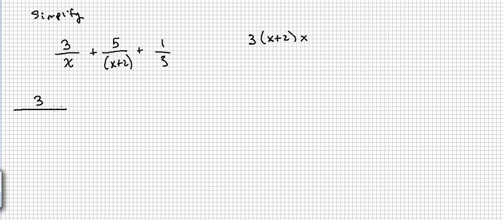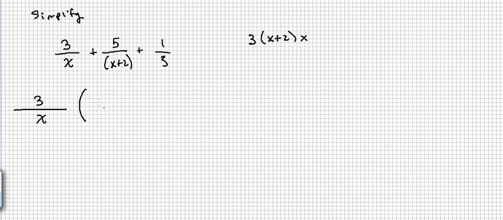We could do a common denominator problem, 3 over x plus 5 over x plus 2 plus 1 over 3. Well, our common denominator will be 3x plus 2 times x. So we could multiply each of them by what they're missing.